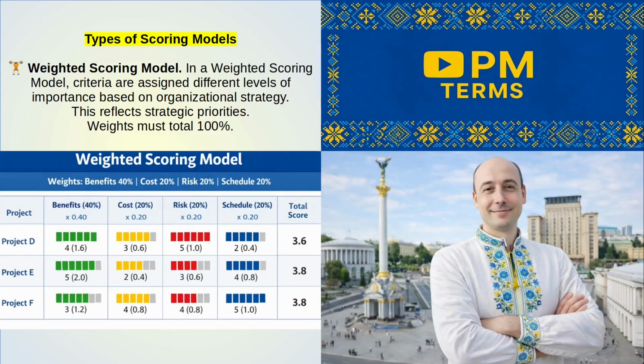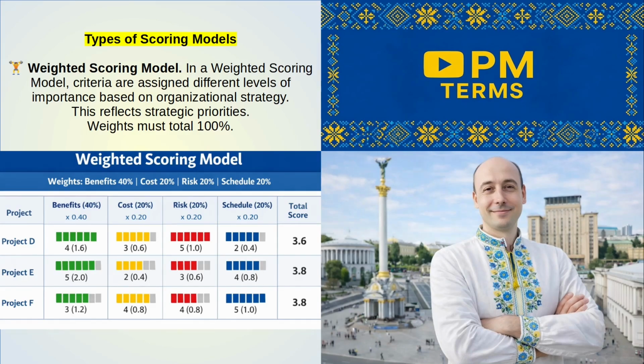We have 3 project proposals: Project D, Project E, and Project F. We want to evaluate them based on 4 factors: benefits, cost, risk, and schedule. We decide the weights as follows: benefits equal 40%, cost equals 20%, risk equals 20%, schedule equals 20%.